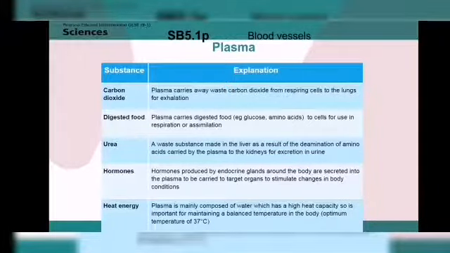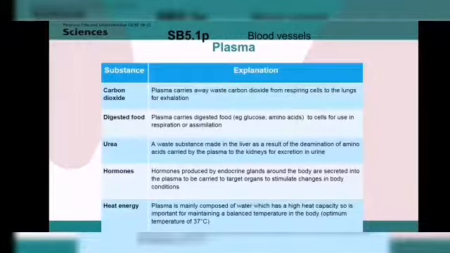We already know that the cells respire aerobically, so they produce CO2, and the blood takes CO2 from the cells to the lungs. Number two, digested food. Plasma carries digested food to cells for use in respiration or assimilation.